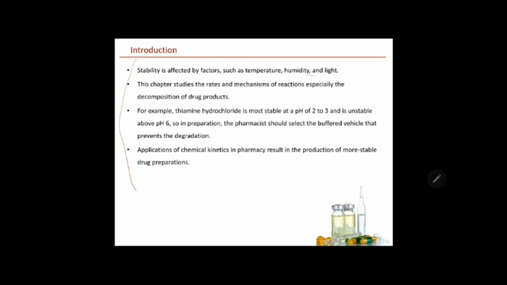Now, we know that kinetics deals with stability of pharmaceutical products, and we know it's important to predict stability of pharmaceuticals. It's also important to know the factors that affect stability, and as we said, these are examples of factors that affect it, and this is an example that shows how environmental factors can affect stability. Because I don't want the video to be too long, I have to rush through slides.